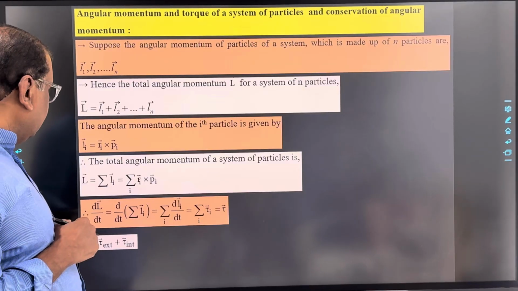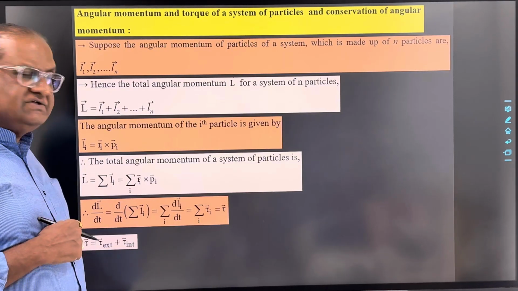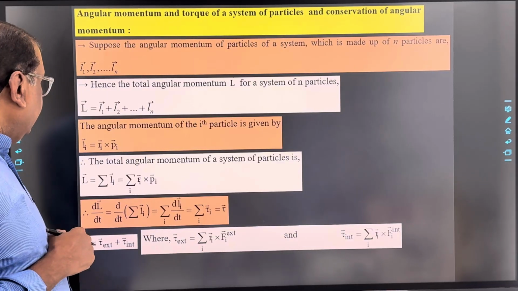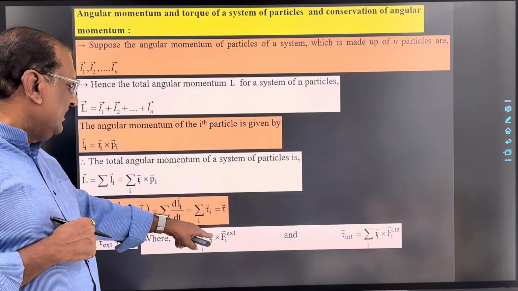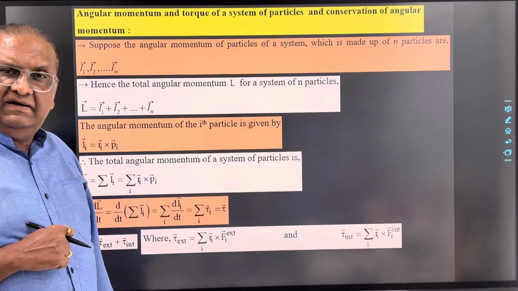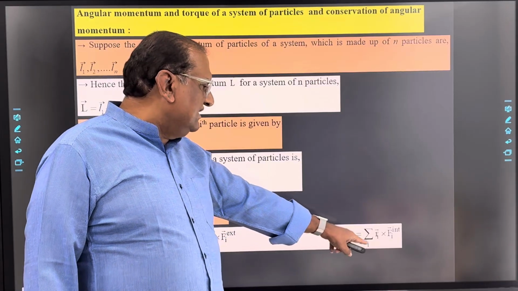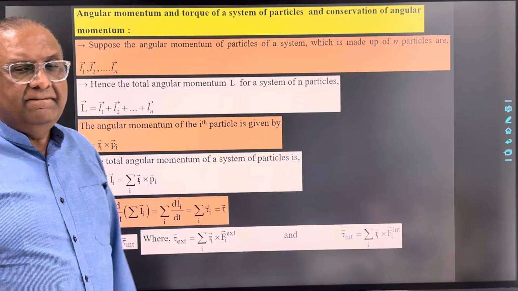So resultant torque tau is tau external plus tau internal. Now tau external is sigma Ri cross Fi external. Similarly we can write tau internal, that is sigma Ri cross Fi internal.